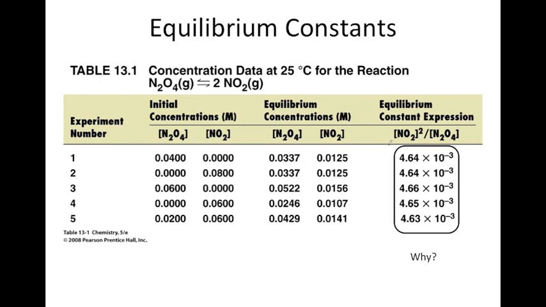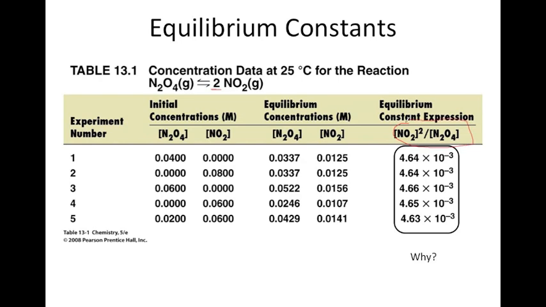More specifically, if we take the concentration of NO2, our product, squared, and we're squaring it, as we'll see, because we have a 2 coefficient here, and we divide it by the equilibrium concentration of the reactant, for all of these experiments, we get the same value.